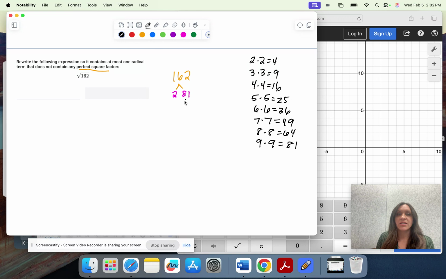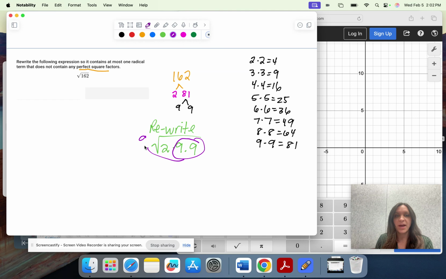So here I can break this up into 9 times 9. And I know the square root of 81 is 9. So I can rewrite it as 2 times 9 times 9. And I know that those two are perfect squares.